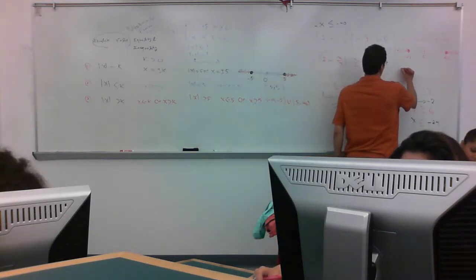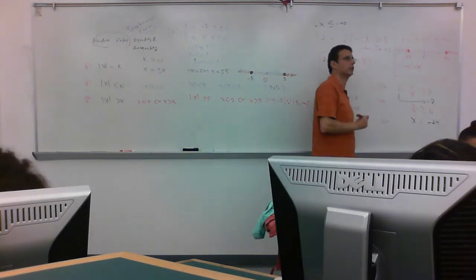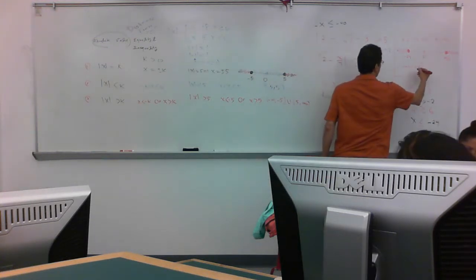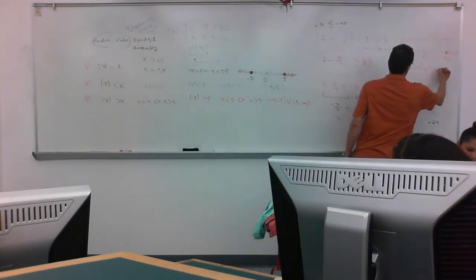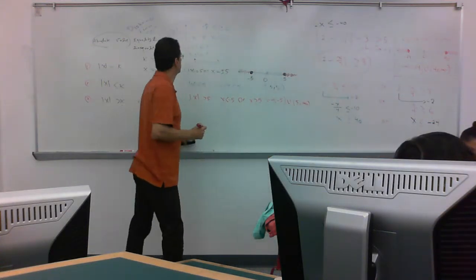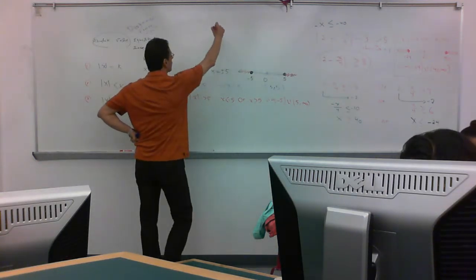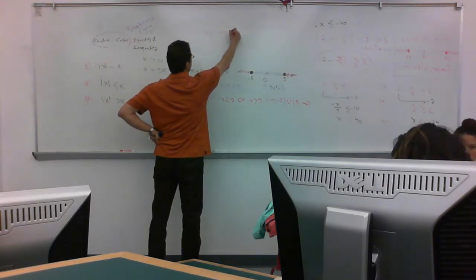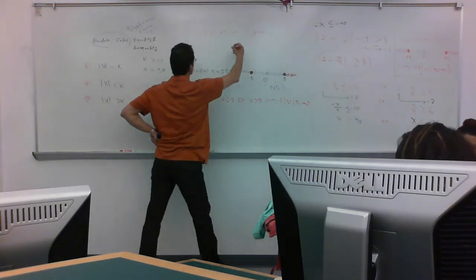Interval notation: negative infinity, comma, negative 24. Do I use parentheses or bracket? Union 40, infinity. So let me just quickly make sure it's captured here. So the answer is x is less than or equal to negative 24, or x is larger than or equal to 40.